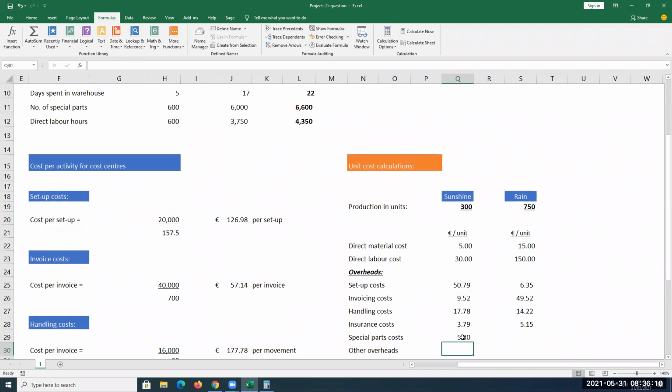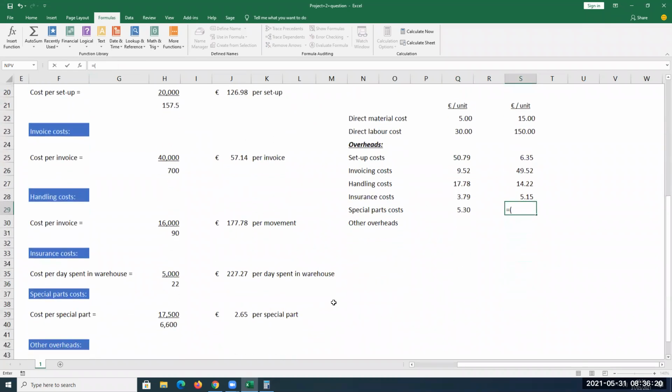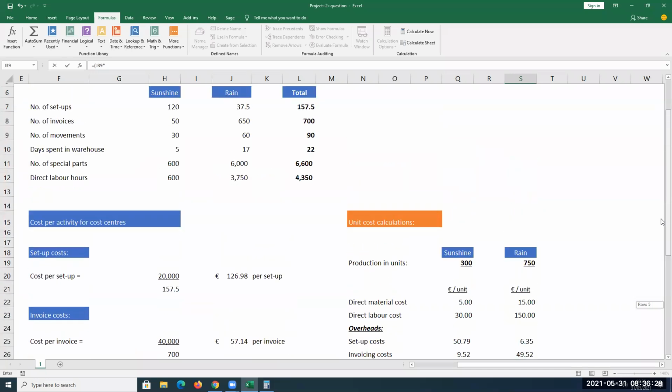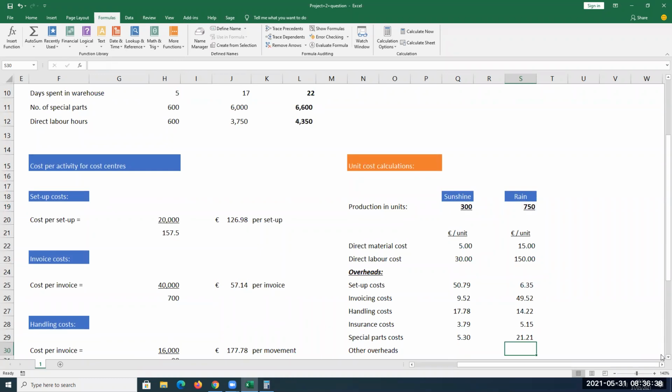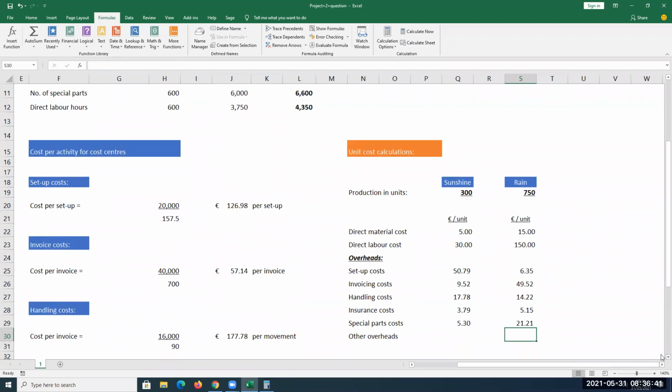So 5.30 is the special part cost per unit, and for the other product, 2.65 multiplied by how many special parts we need, 6,000 parts, divided by number of units, 750. It's 21.21 euro is the unit cost.